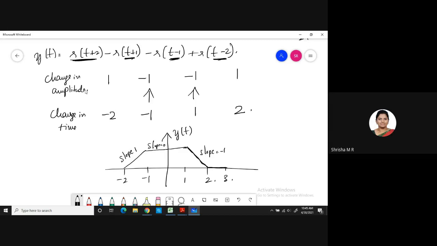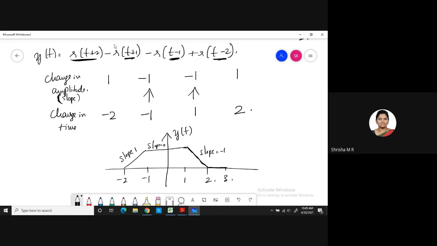Yeah, you have to write like this. At what instant, what is the amplitude or slope? Like that you have to write. So first write change in amplitude, change in time, for u of t or ramp. For ramp, change in amplitude is like slope only. What is the amplitude here? It is 1.